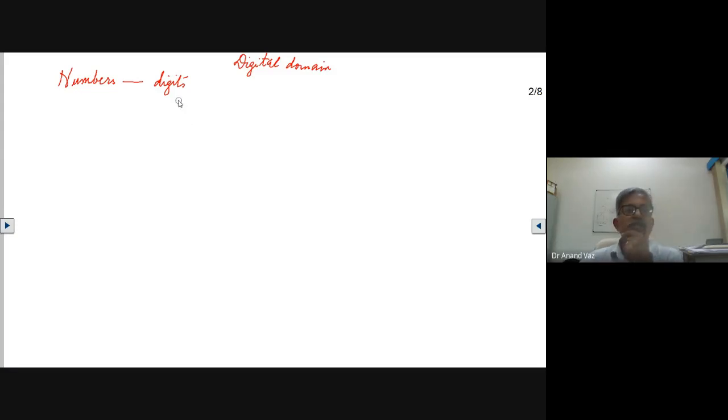Now, these digits, how are they represented? How do we represent these numbers? We use digits certainly, but we take many things for granted. Human beings are comfortable with the decimal system. Even when you were small, you learned the decimal system, you learned how to do all the operations using the decimal system.